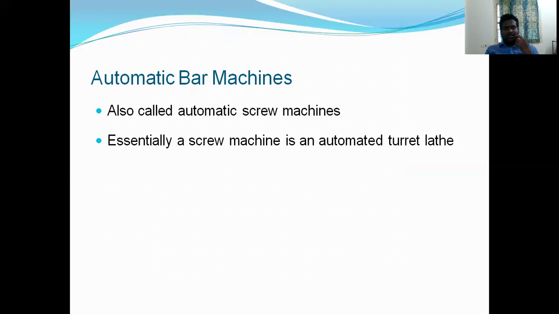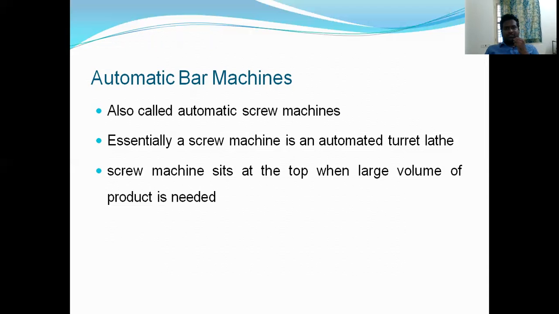In these automatic screw machines there is a turret. Generally, a turret has 6 stations, and the tools are fixed in the turret head. So we can do the operations one by one on this automatic machine.